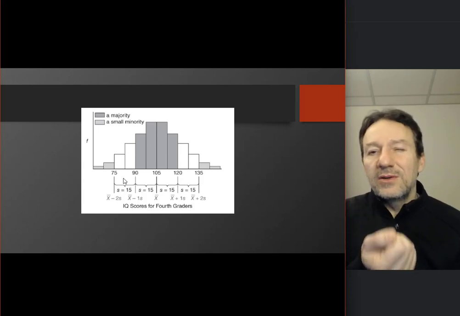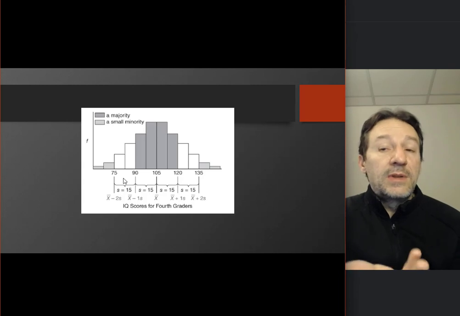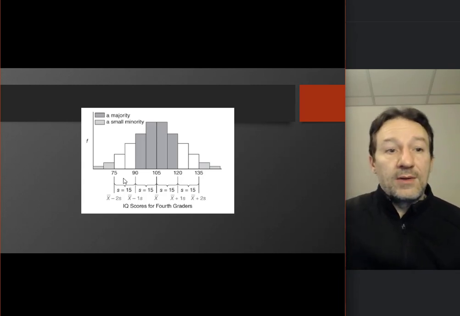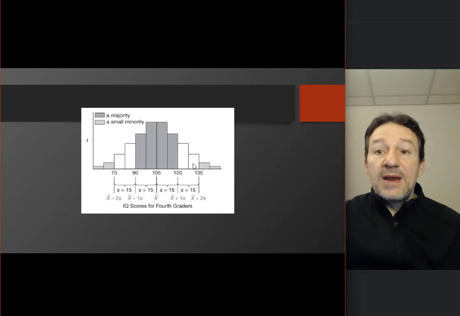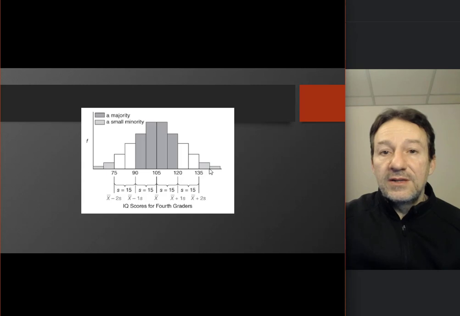And we talked a little bit about this with outliers. This is one way to maybe look for outliers. If you have a score that's 2 standard deviations away, it might be an outlier. Also, from 75 to 135, this is about 95% of the data. So 95% of the data is here. Only 5% are these extreme scores on either end. So we have about 2.5 here and 2.5 here.